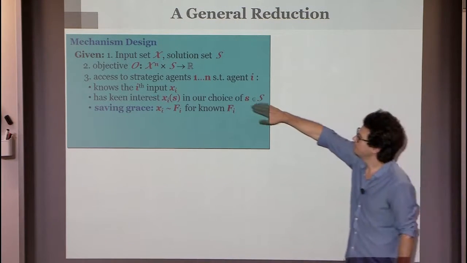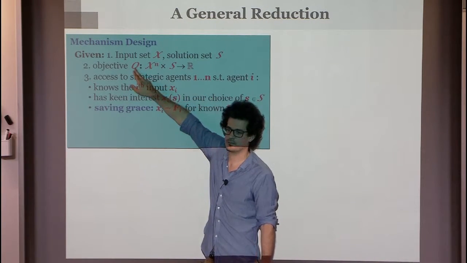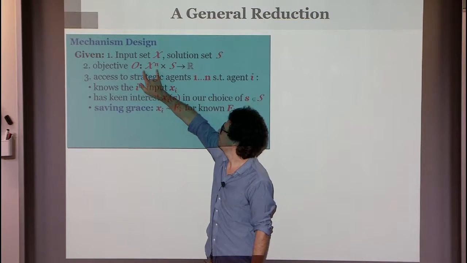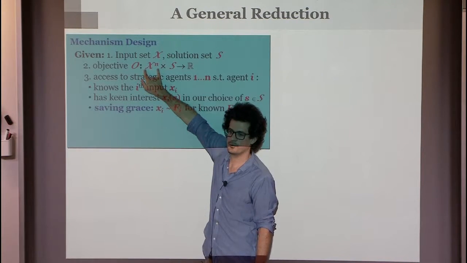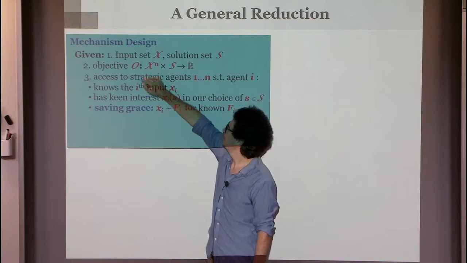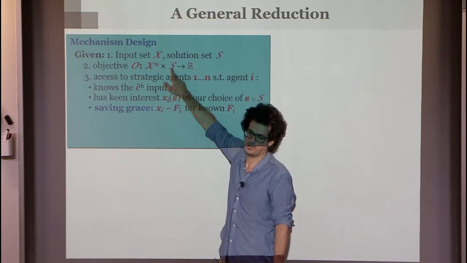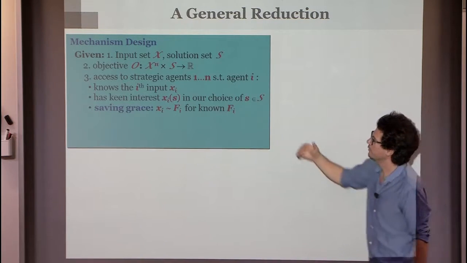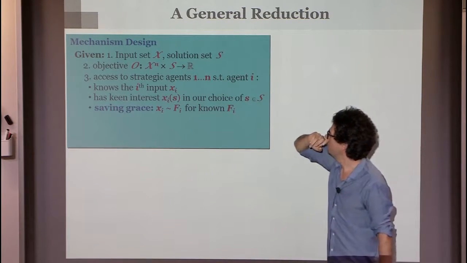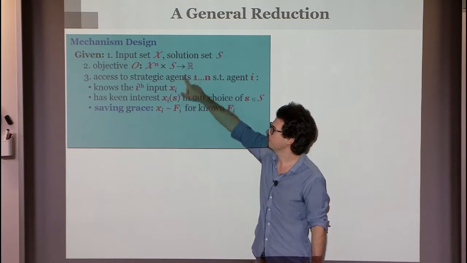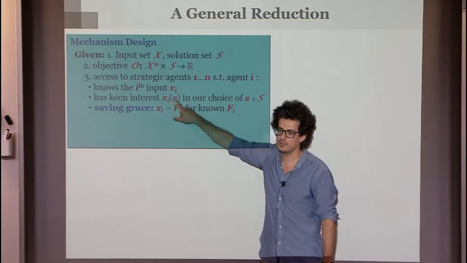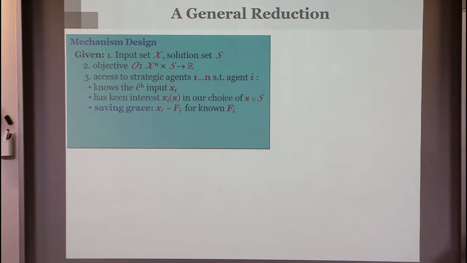This is the auctioneer's, the designer's objective, that cares about the realized inputs of the bidders and wants to choose a solution, an allocation, for example, to maximize that objective, to make the score as high as possible. On the other hand, each input cares about the solution that the designer chooses, so this is also a function that tells you how much that bidder likes its solution. Does the abstraction make sense?